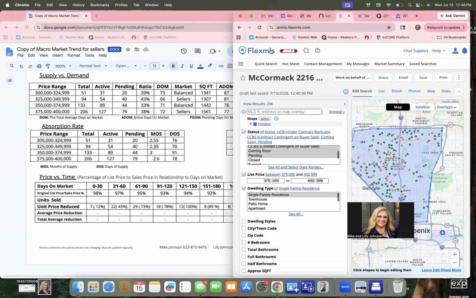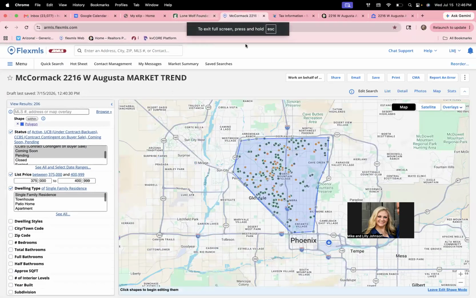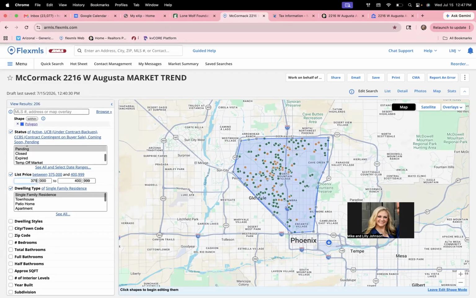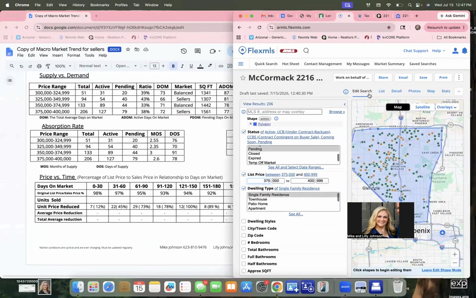Now I am going to use the same search, but the only difference is I'm only looking at what has sold, and I need all of it. Let me just move you over.